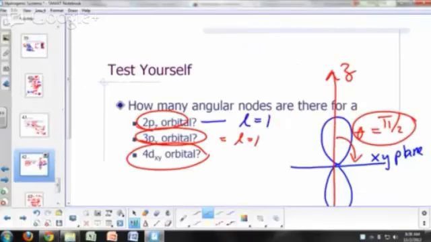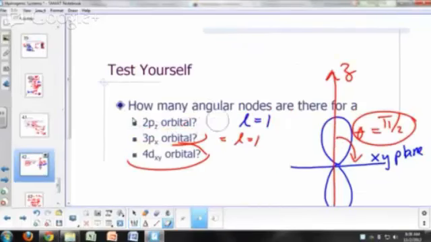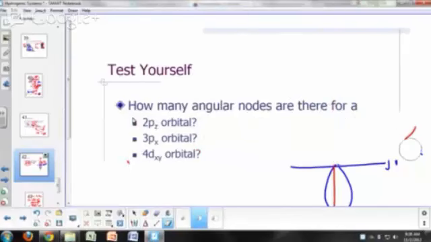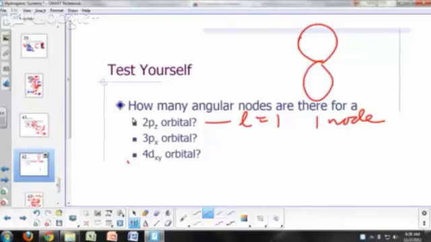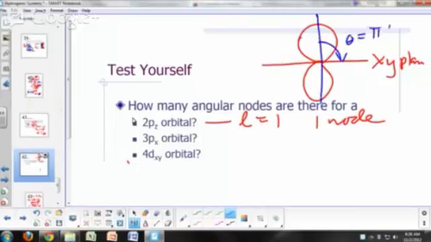So how many angular nodes are we going to have for a 2pz orbital? L equals 1, so one angular node. And if you remember your 2pz orbital, your xy plane is a node. And xy plane simply means theta equals pi over 2.